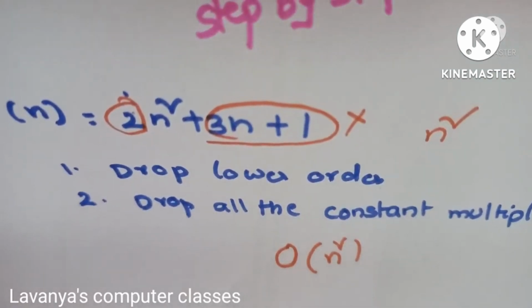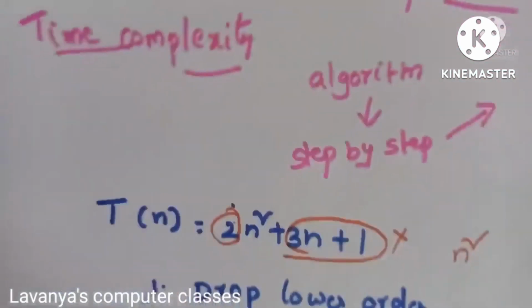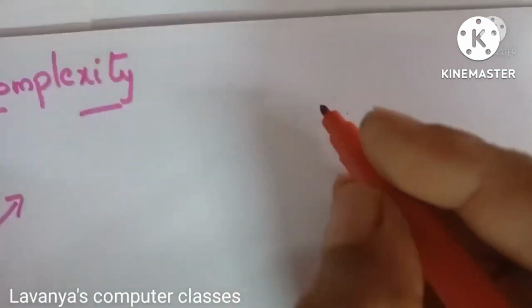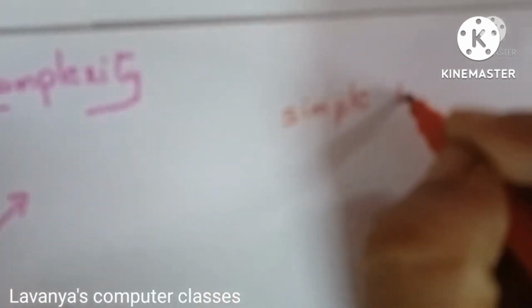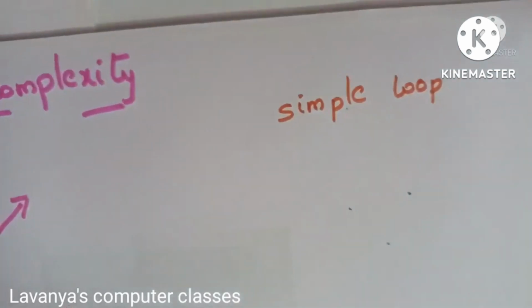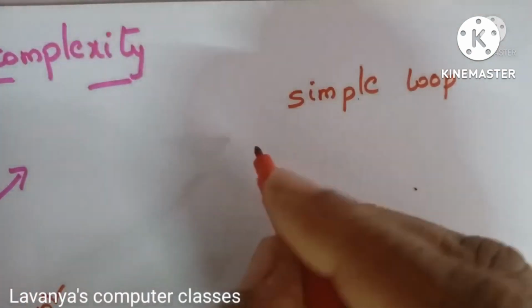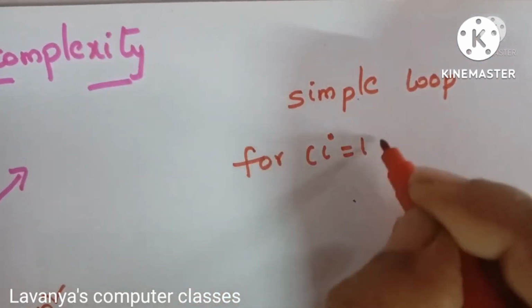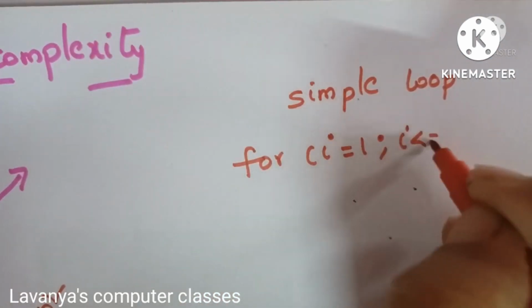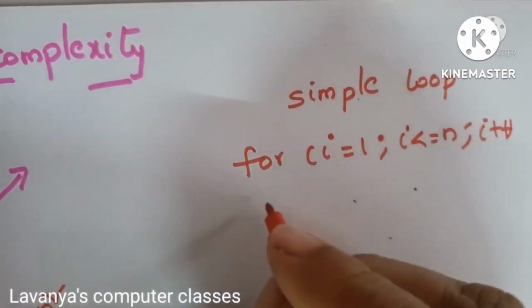Next I will explain the time complexity of a simple loop. For example, for i equal to 1, i less than or equal to n, i plus plus, a for loop.